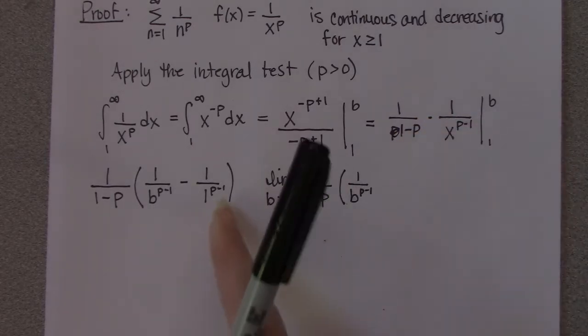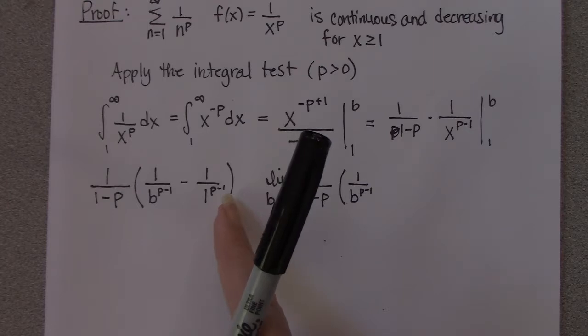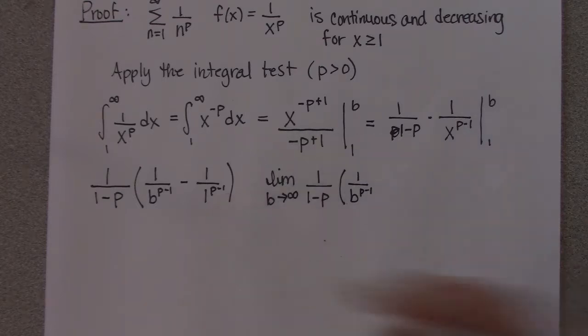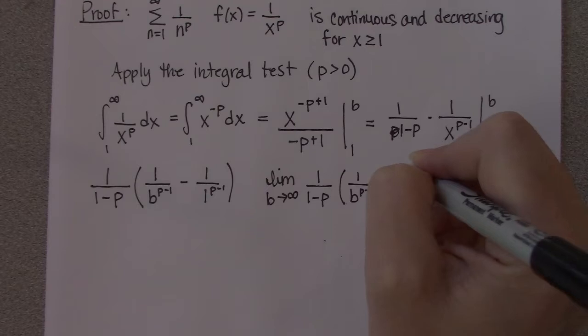Now this second term right here, I can just write it as 1 because 1 raised to anything is going to be 1, right? So this is just going to be minus 1.